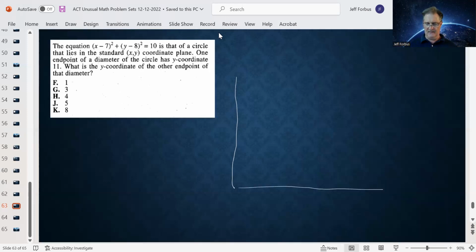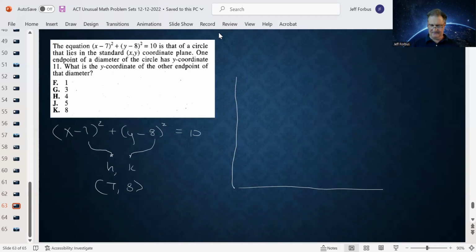We know from this equation, x minus 7 squared plus y minus 8 squared is equal to 10, that the center of the circle, which is our h value and our k value, is at 7, 8.